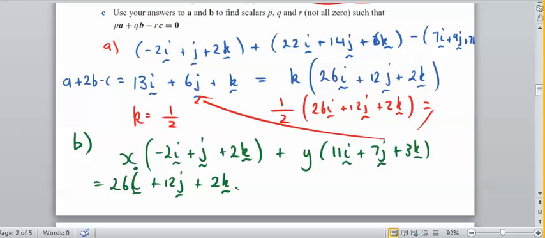So equating the i, j, and k components on the left-hand side, you should have, let's do this, that's i, j.